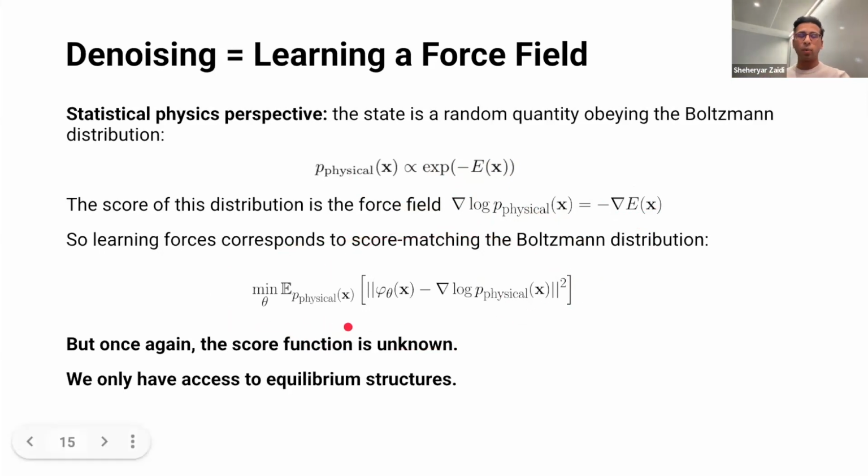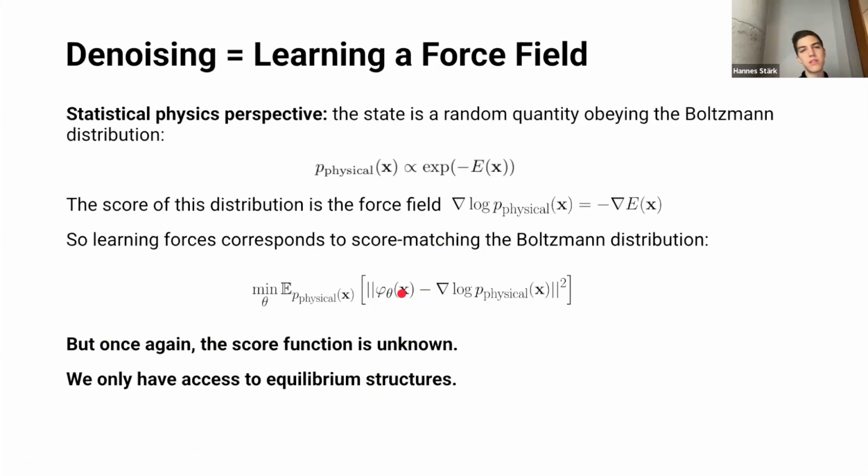Now we're in the score matching world. But once again, just like in score-based generative modeling, we don't have access to the score function, grad log P physical, and we only have access to equilibrium structures. Before, they had access to, for example, images; we have access to equilibrium structures, and we don't know the score function.